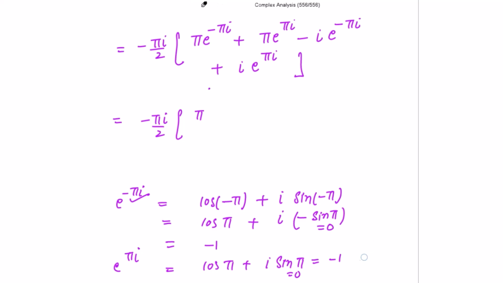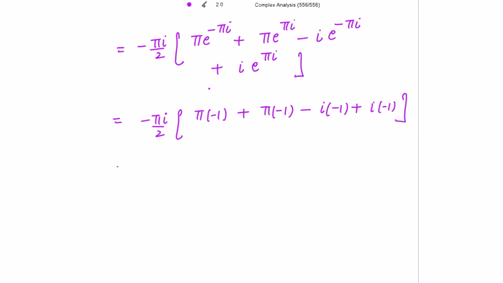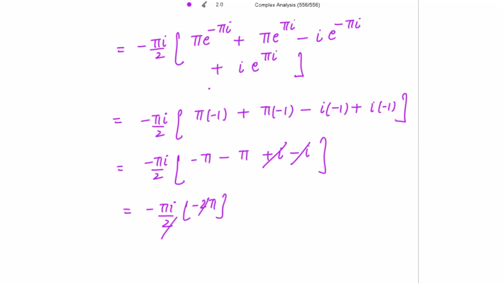So it is again minus 1. So we have both these values to be equal to minus 1. So pi multiplied with minus 1 plus pi multiplied with minus 1 again, minus iota multiplied with minus 1 plus iota multiplied with again minus 1. So this is equal to minus pi iota divided by 2, this is minus pi plus iota minus iota. Cancelling these two, and we get here minus pi iota divided by 2 and minus 2 pi. 2 cancel, negative negative becomes positive, and we have pi square iota to be the required answer for the given integral.